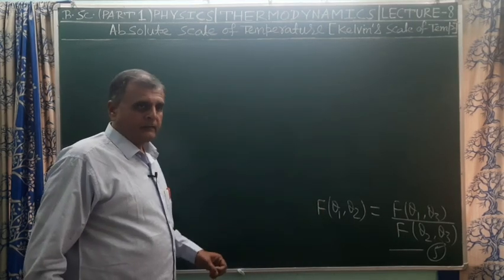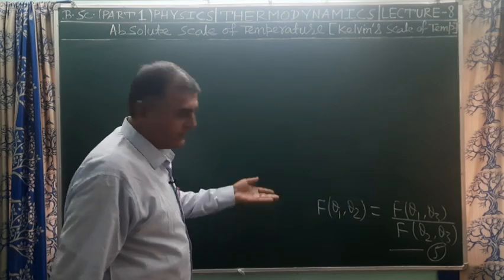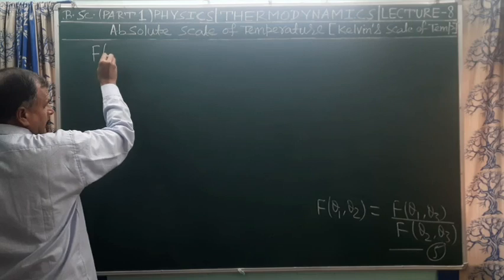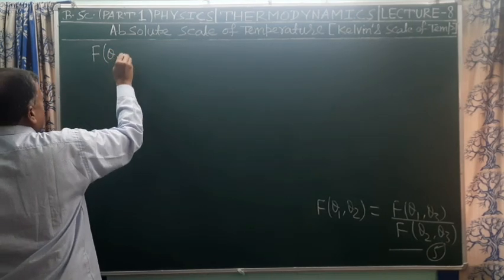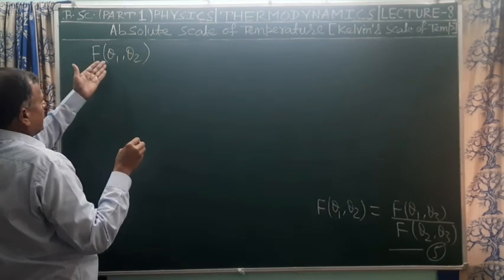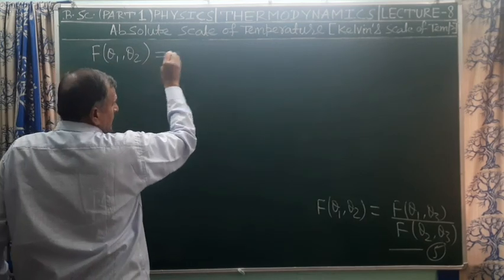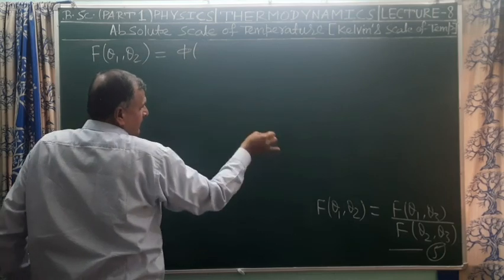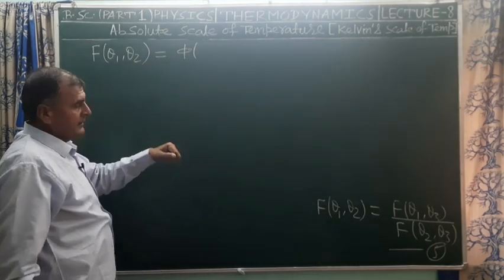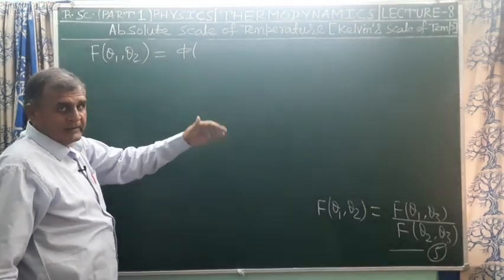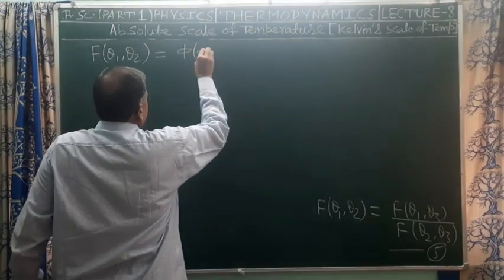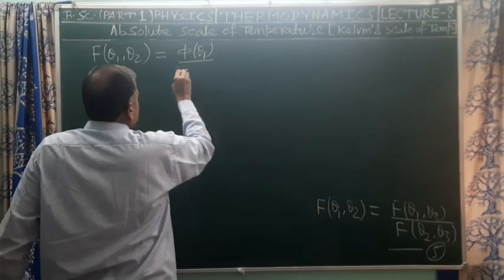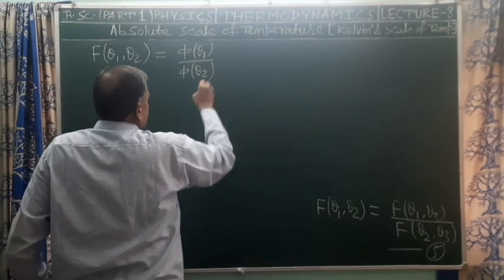Now equation 5 can be written as capital F, which is the function of temperatures theta 1 and theta 2. So capital F under bracket theta 1 comma theta 2 equals phi, where phi is a new function which is the function of theta 1 only in the numerator, so phi under bracket theta 1 upon phi theta 2 in the denominator.